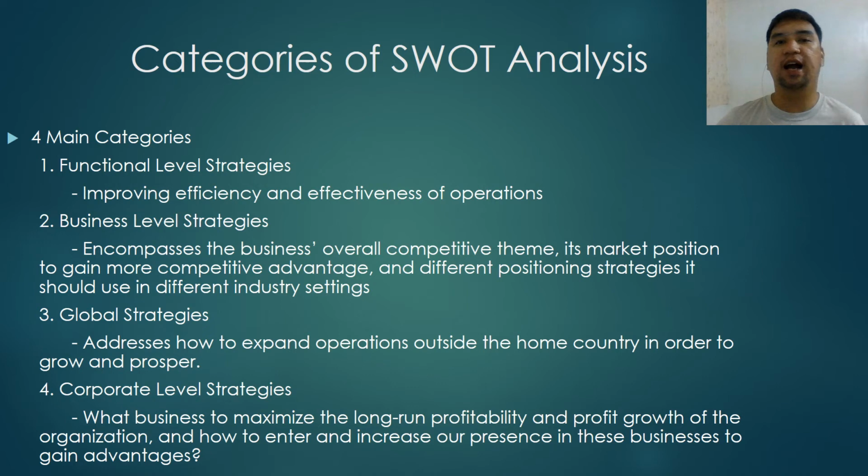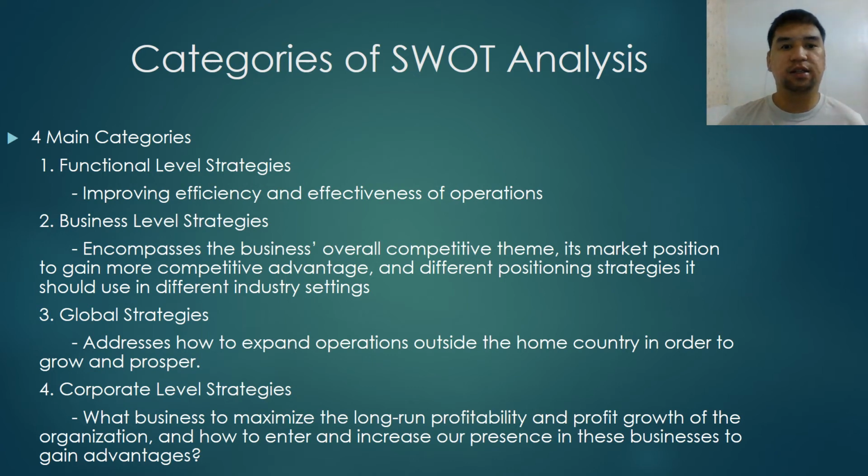Categories of strategy. The four main categories are: first, functional level strategies, improving the efficiency and effectiveness of operations. Second, business level strategies, which encompass the business's overall competitive theme, its market position to gain more competitive advantage, and the different positioning strategies it should use in different industry settings.